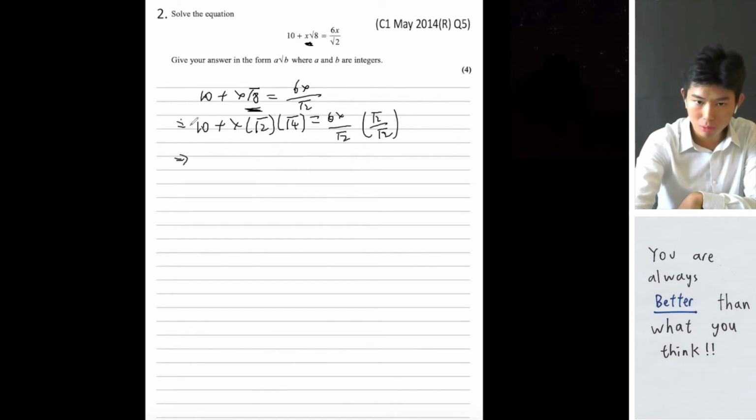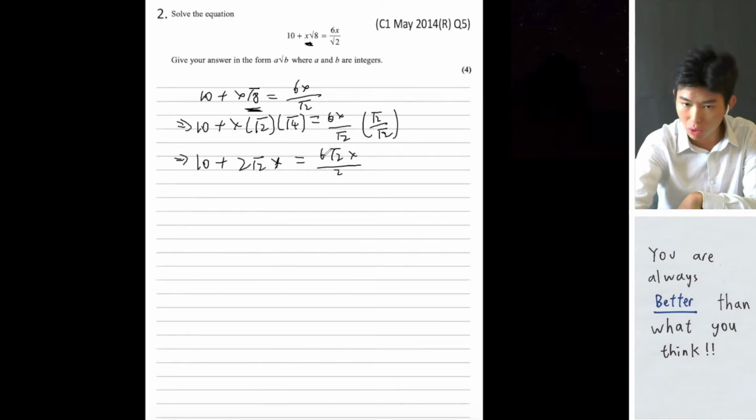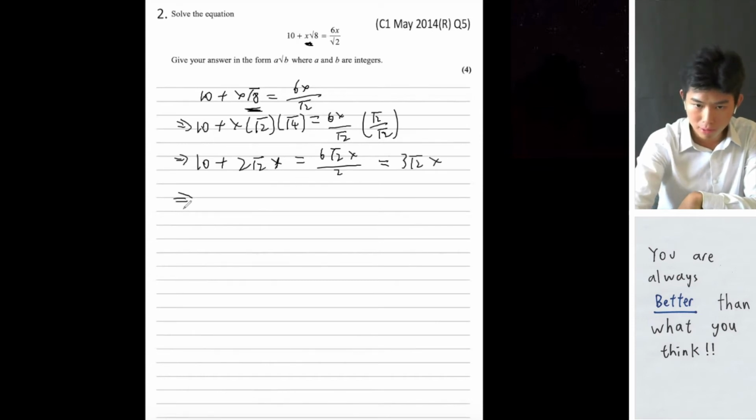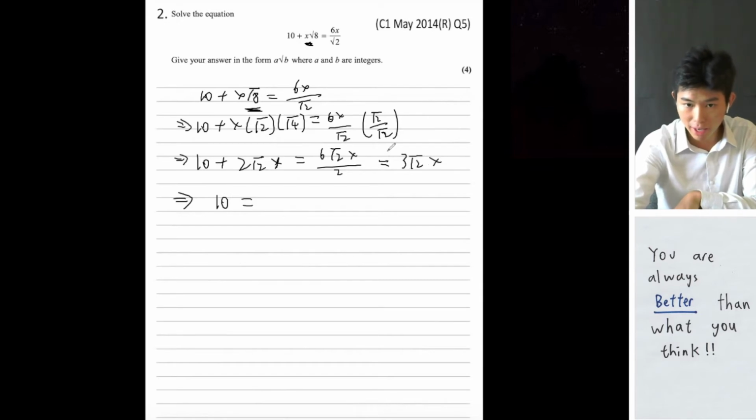And 6 divided by 2 is 3, so it equals 3 root 2 x. The next step: 10 equals 3 root 2 x minus 2 root 2 x, which equals 1 root 2 x.